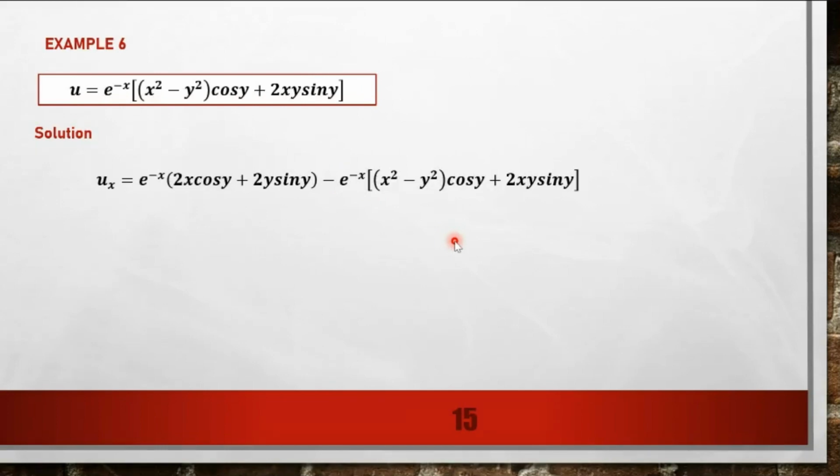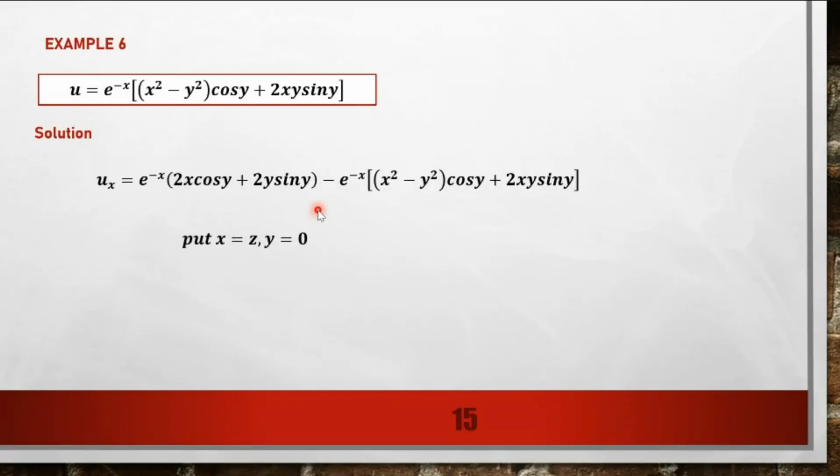Don't simplify, I have just applied u into v. और u into v मैंने कैसे किया? I have not opened the bracket; I have taken e raised to minus x as the first function, u function, and the bracket term as the v function. So u dv plus v du.